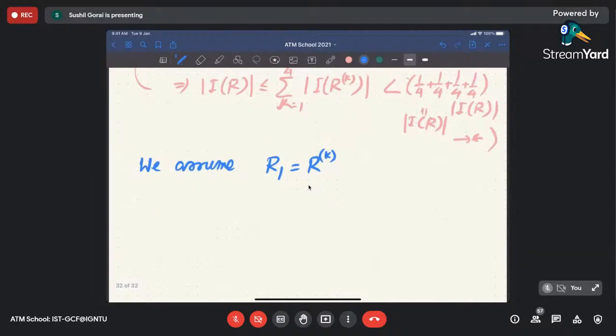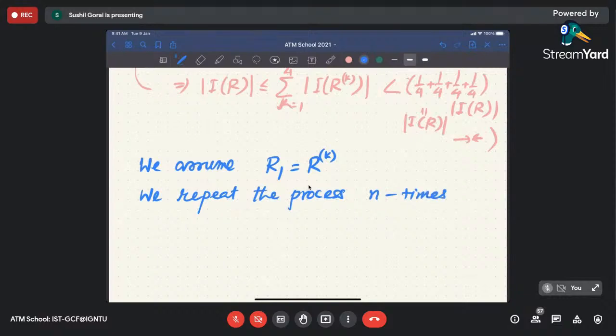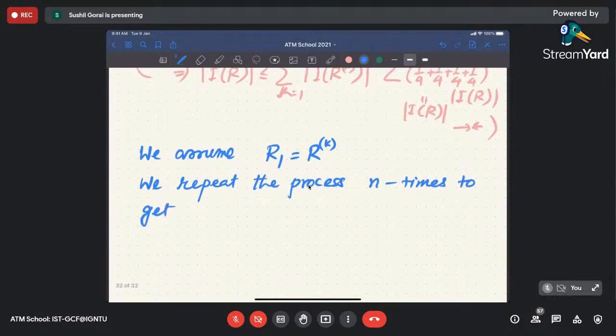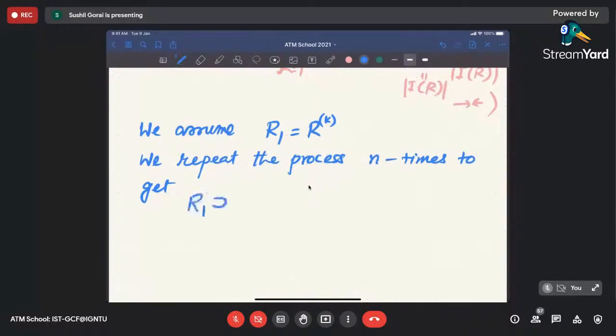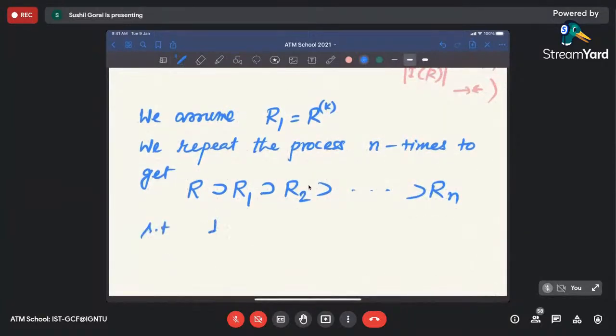Okay. Now we repeat the process n times to get the rectangles, R containing R1, R2, and so on, Rn, such that mod I of Rn will be greater or equal to 1/4 mod I R n minus 1, and so on, right?